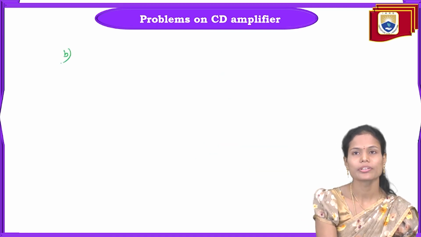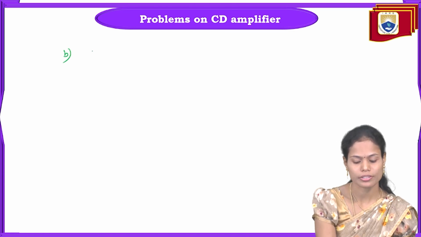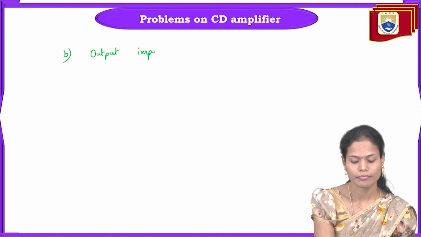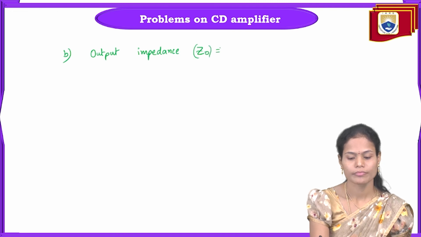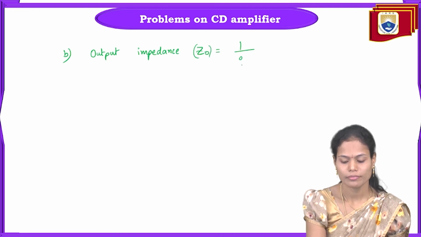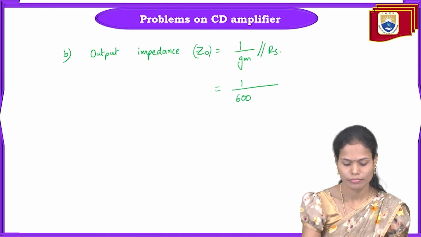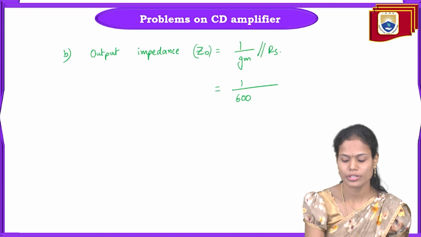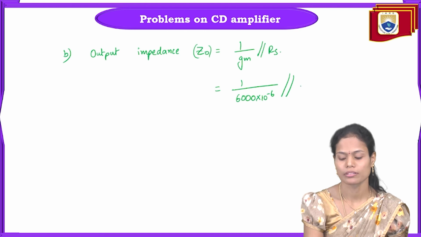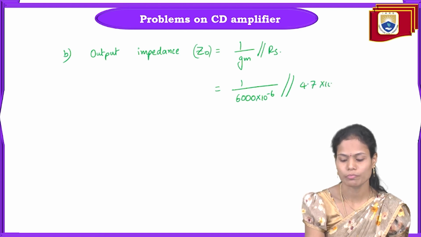So that's why in the practical case also we are getting high input impedance. And the second parameter we are going to calculate here is the output impedance Z0. It is equal to 1 by transconductance parallel with the source resistance. The transconductance value is 6000 micro Siemens. This should be parallel with 4.7 kilo ohms.